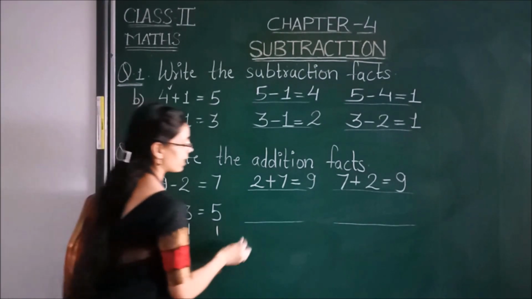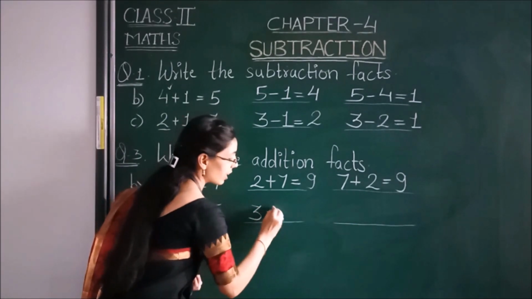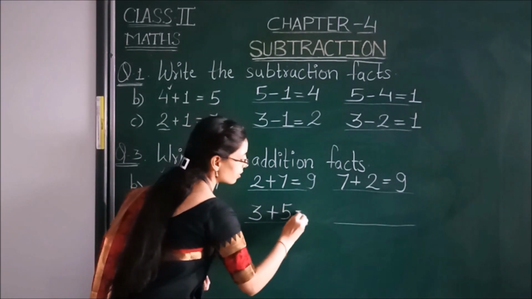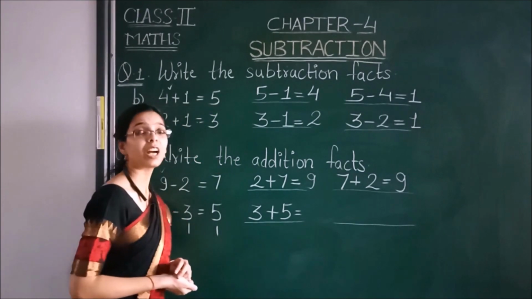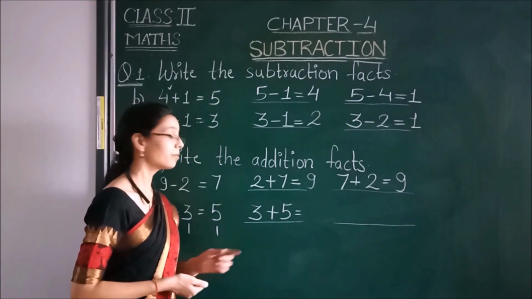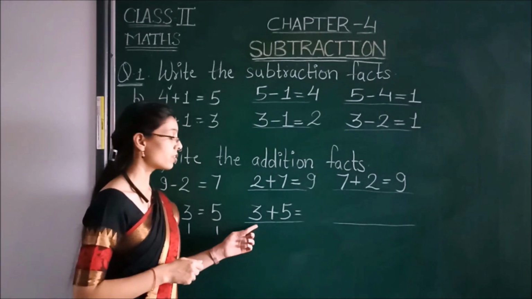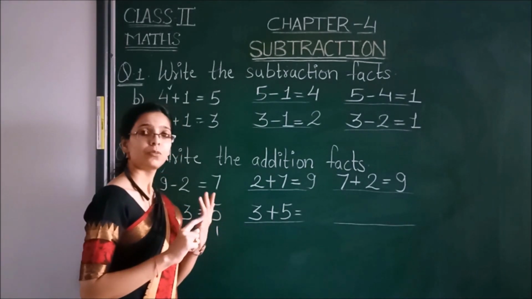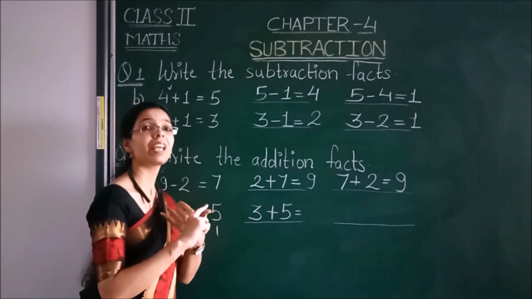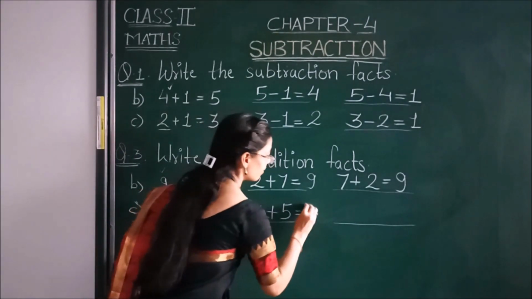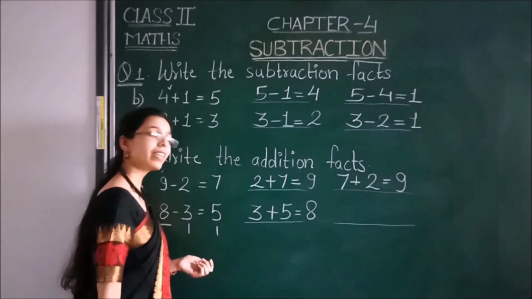So, 3 plus 5 is equal to how much? Count it. 3 plus 5. 4, 5, 6, 7, 8. 3 plus 5 is equal to 8.